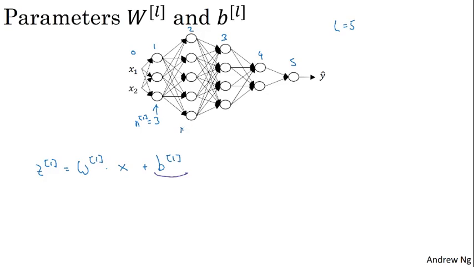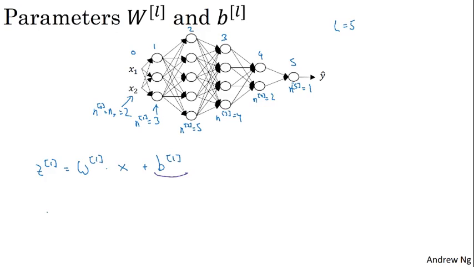And here N2 is equal to 5, N3 is equal to 4, N4 is equal to 2, and N5 is equal to 1. So far we've only seen neural networks with a single output unit, but in later courses we'll talk about neural networks with multiple output units as well. And finally, for the input layer, we also have N0 equals Nx equals 2.